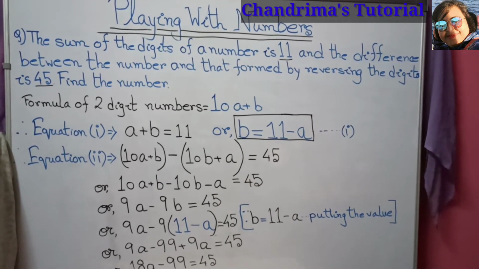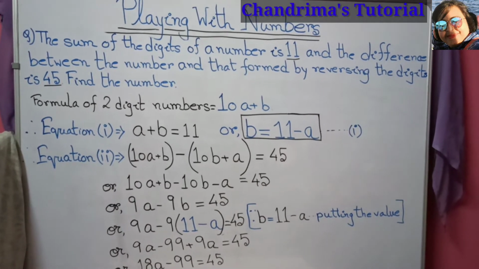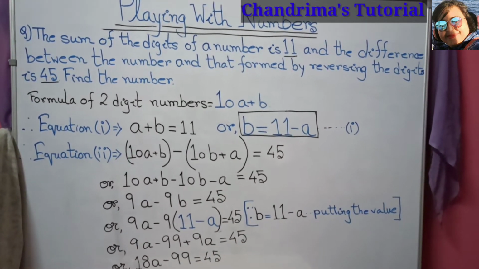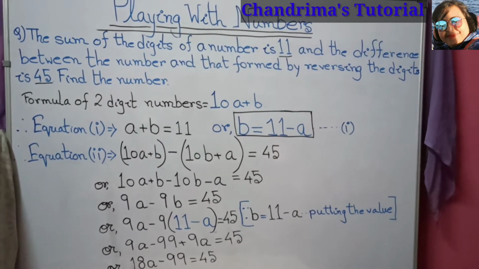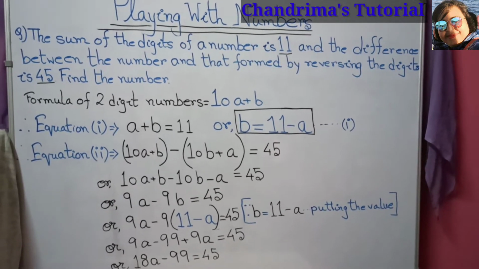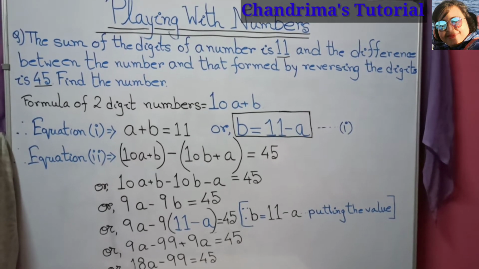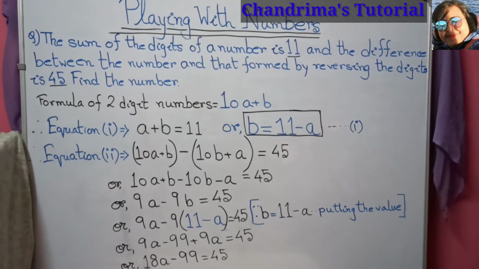And what are the digits? a and b are our digits. So we are adding a plus b, and as per the sum given, the sum of the digits is 11. So a plus b equals 11. Now let's make one value from this equation: b equals 11 minus a. We are getting one value here.